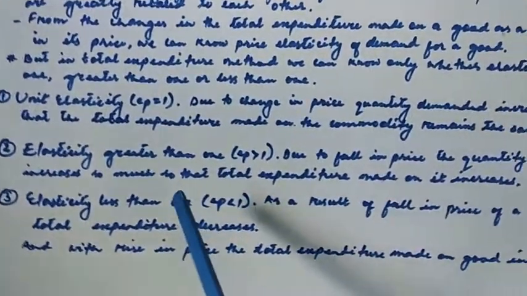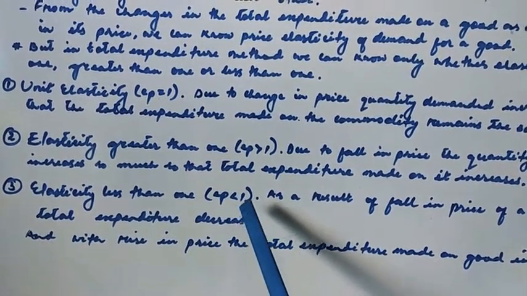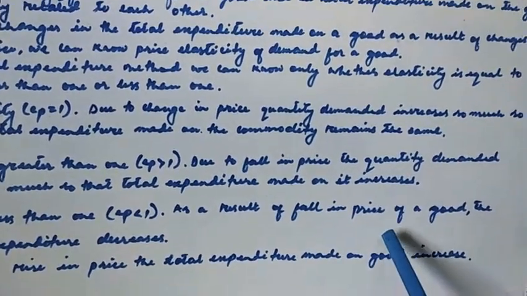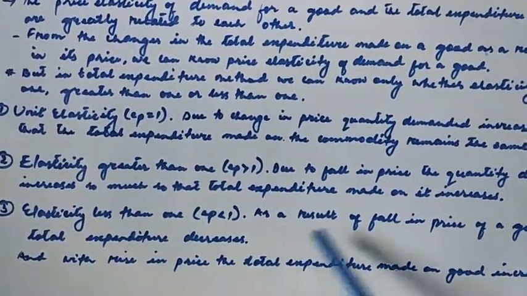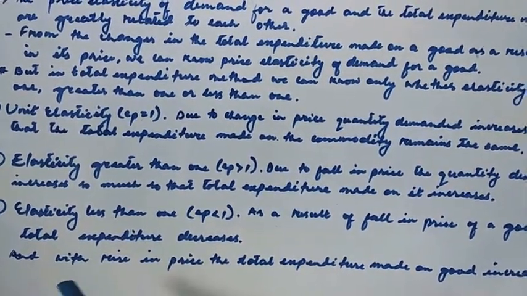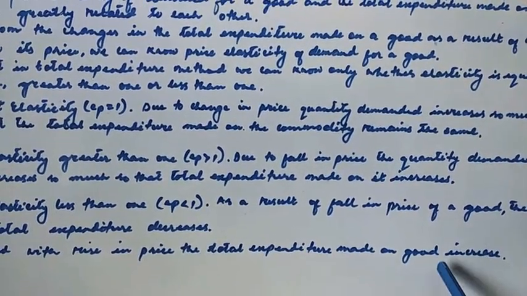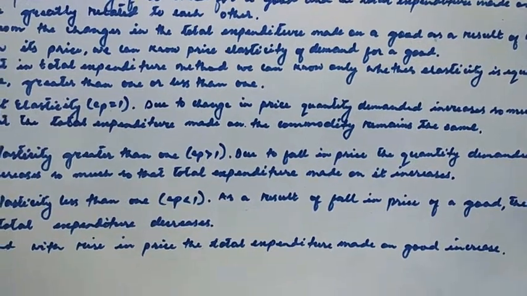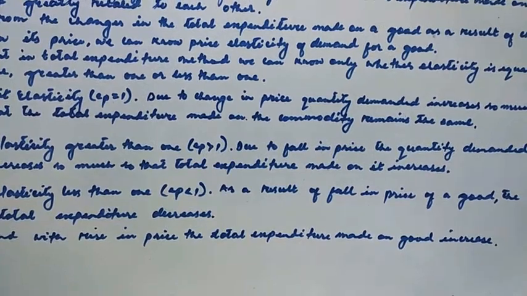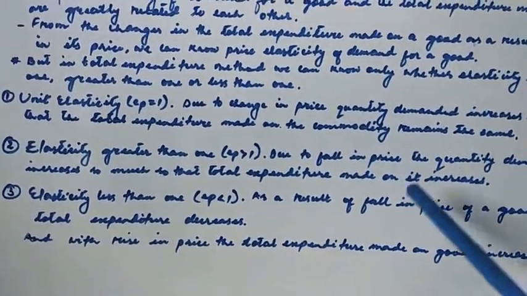And the last condition that we have is when elasticity is less than 1, EP less than 1. Here, because of the fall in the price of a good, the total expenditure decreases. And opposite to that, with the rise in price, the total expenditure made on the good also increases. When price increases, total expenditure also increases, and when price falls, total expenditure also decreases.